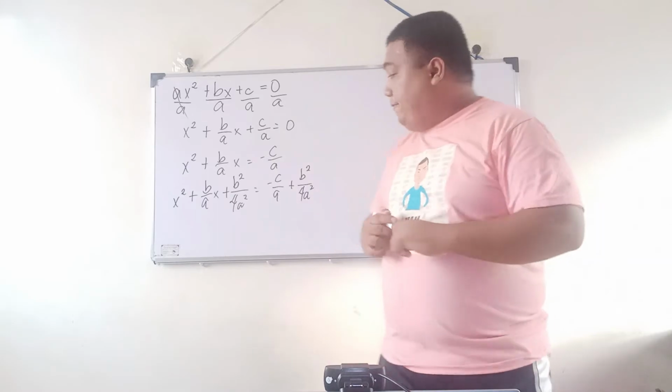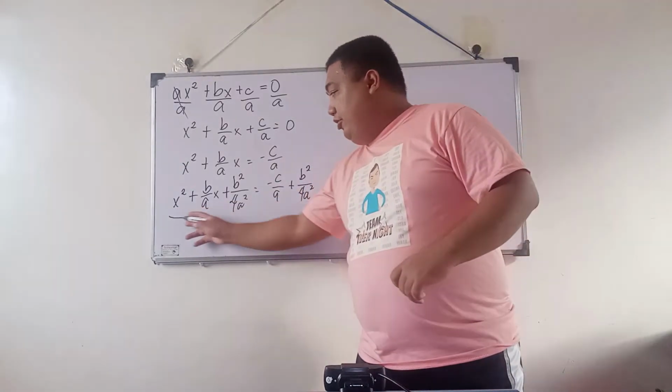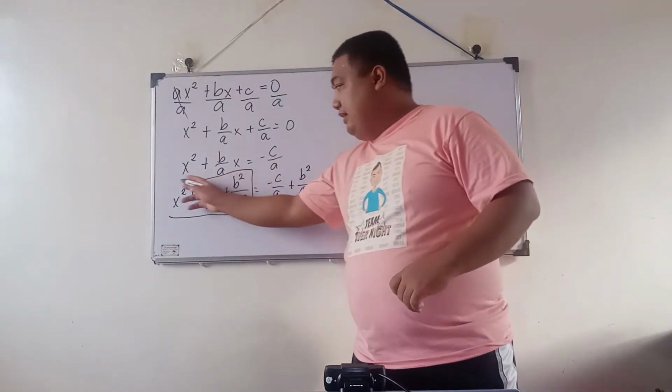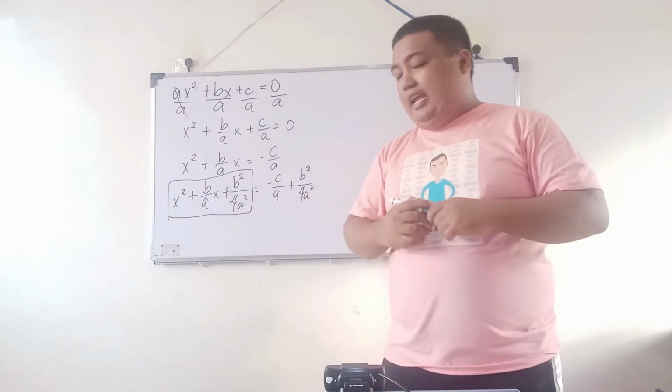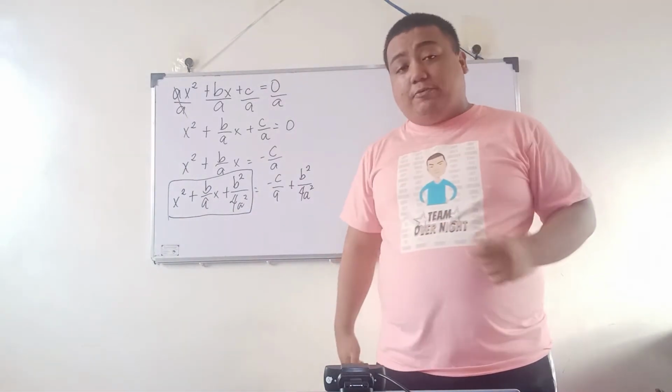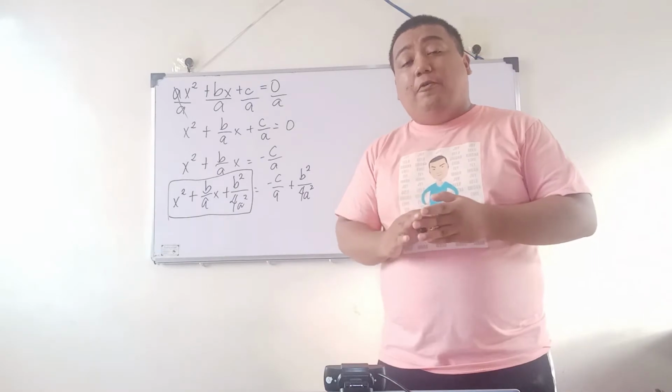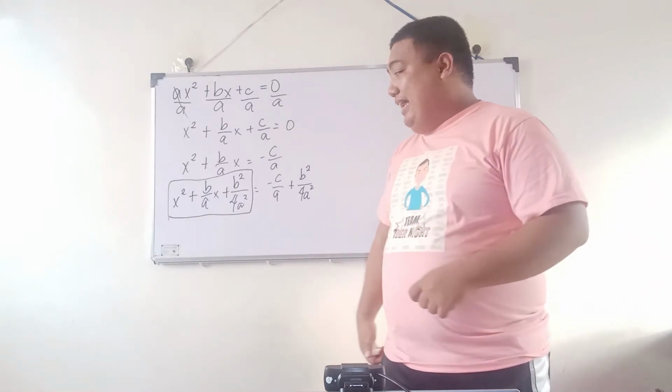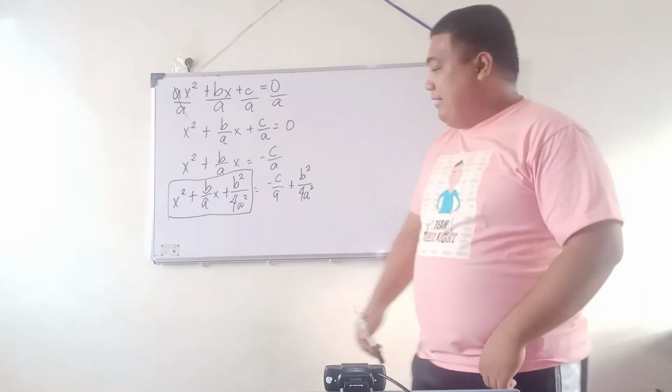So next, i-perform muna natin ito. I-factor muna natin si x squared plus b over a x plus b squared over 4a squared. Now, paano natin malalaman ang kanyang factor? Ganito lang yan.